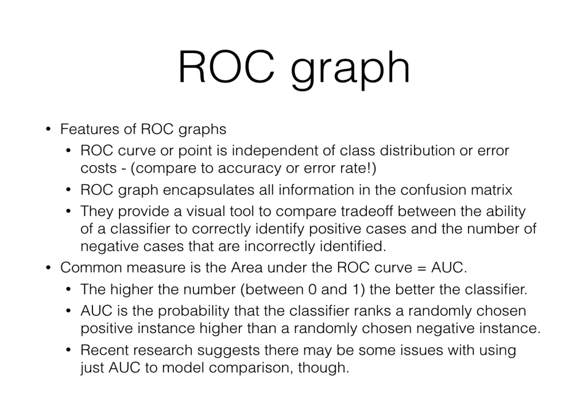So some features of ROC curves. The ROC curve is independent of the class distribution or the error costs, so they don't have that problem of bias when you have different numbers of data points in each of the classes. Unfortunately, it only works with binary classifications, so you can't really do an ROC curve for non-binary. So for the iris dataset, for example, you can't really do an ROC curve.